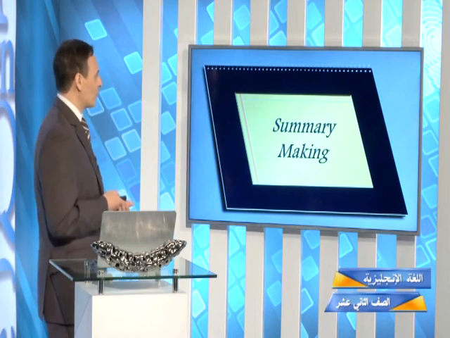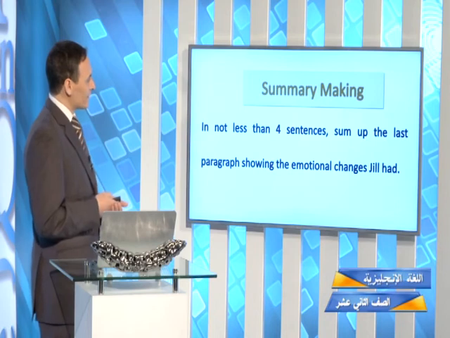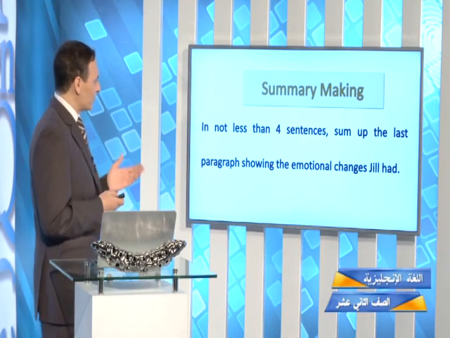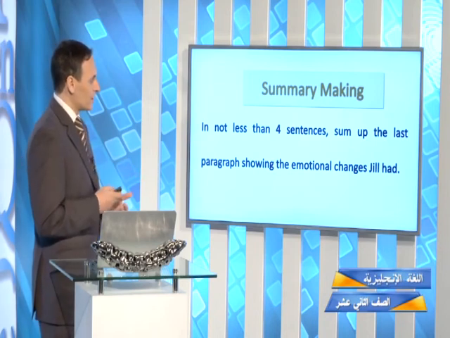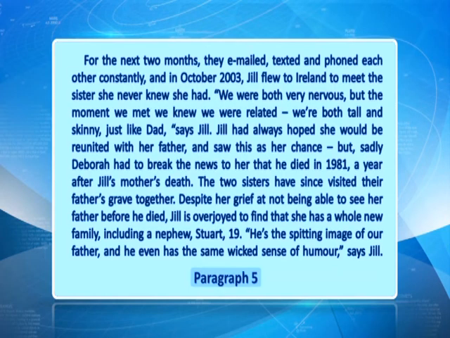Okay, so now we're going to move to summary making, and in not less than 4 sentences, sum up the last paragraph showing the emotional changes Jill had. Throughout her search journey, Jill went through many emotional changes, many different feelings, and we are going to search for these feelings throughout this paragraph.